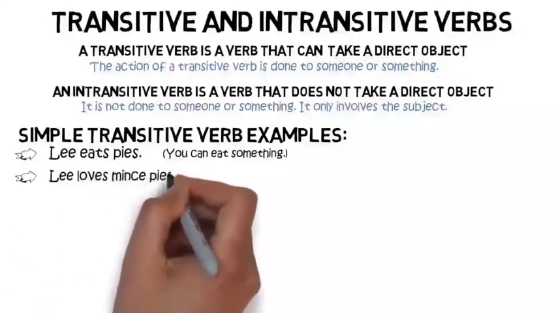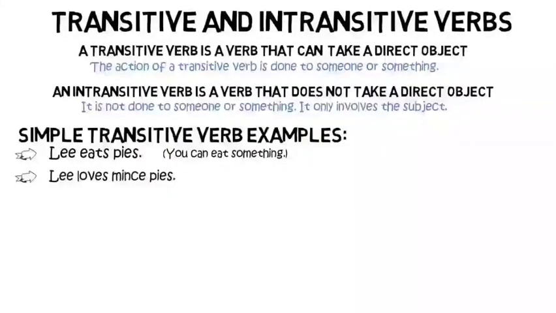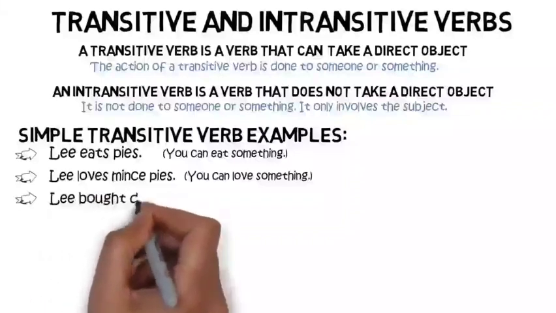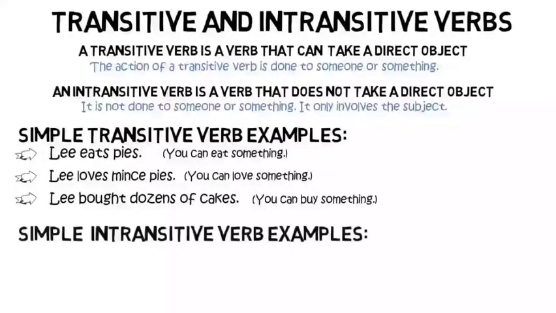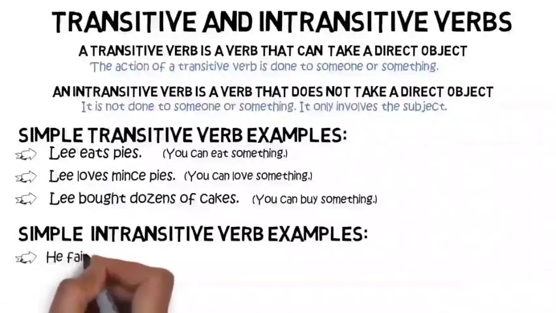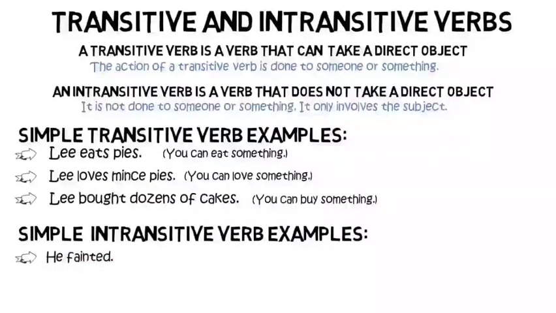Simple transitive verb example. Lee eats pies. Lee brought dozens of cakes. In all these, we can see in the transitive, the object, pies, is available.